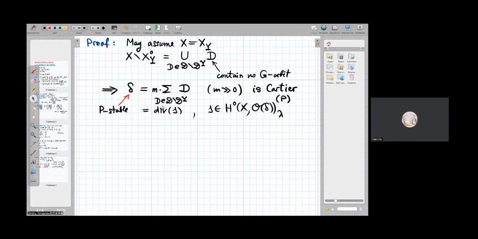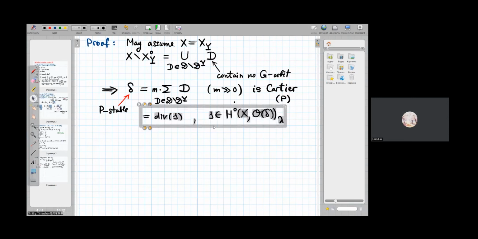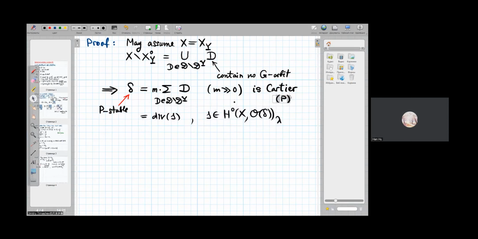Because each of these D's is P stable. Oh yes, the definition of P. Yes, I see. Okay, very good. So let me move it somewhere here to make it more clear. Okay, so we have this picture.